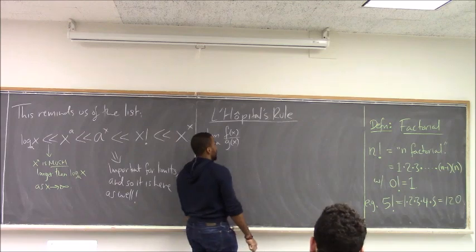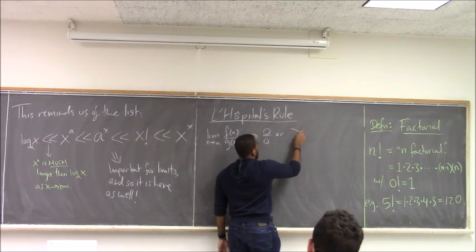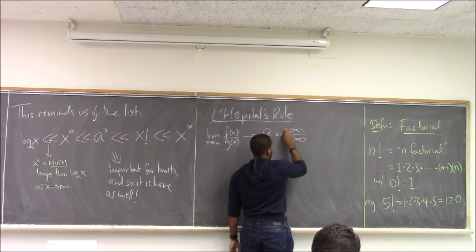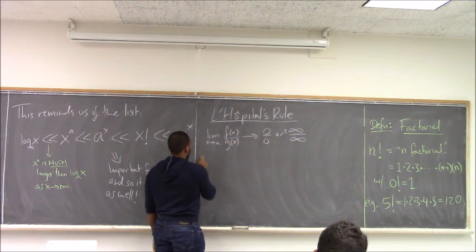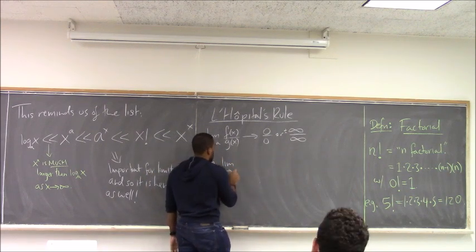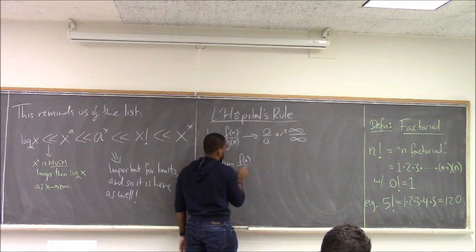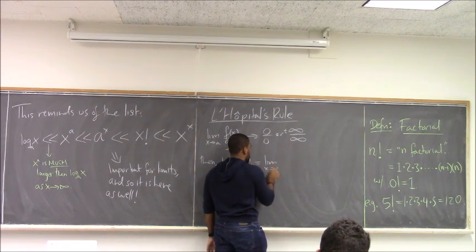If you have a limit of a ratio and it approaches 0 over 0 or infinity over infinity, plus or minus, then you'd be able to compute that limit by computing a different limit.